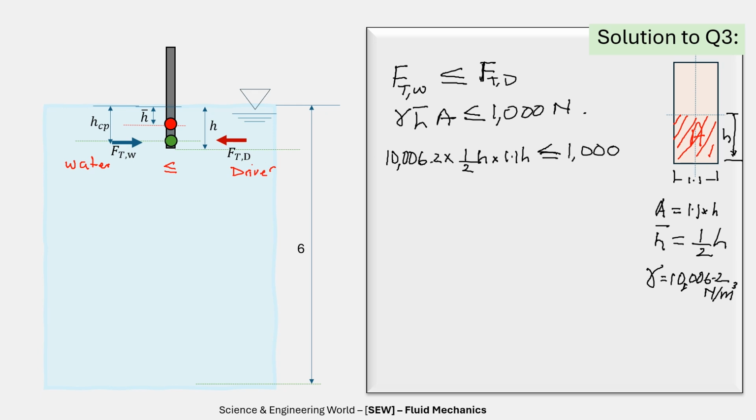Putting the data on the left hand side into the calculator, we found that we have 5,503.41 H squared to be less than or equal to 1,000.